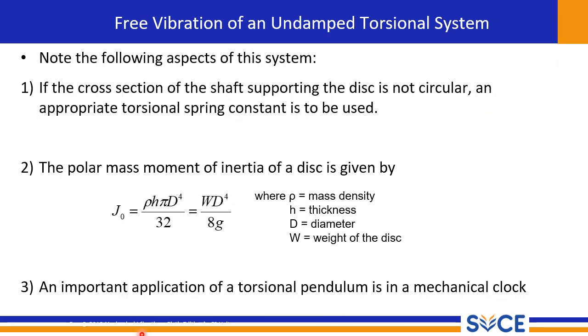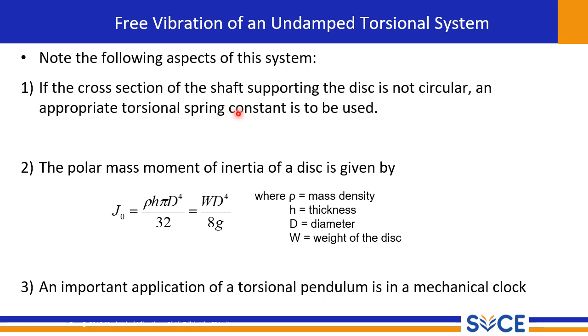We have explored the fundamental principles of torsional vibration, but it is important to keep in mind some practical considerations and applications. Let's take a look at a few key aspects of the system. First, we need to remember that the equations we have derived assume a circular cross-section of the shaft.